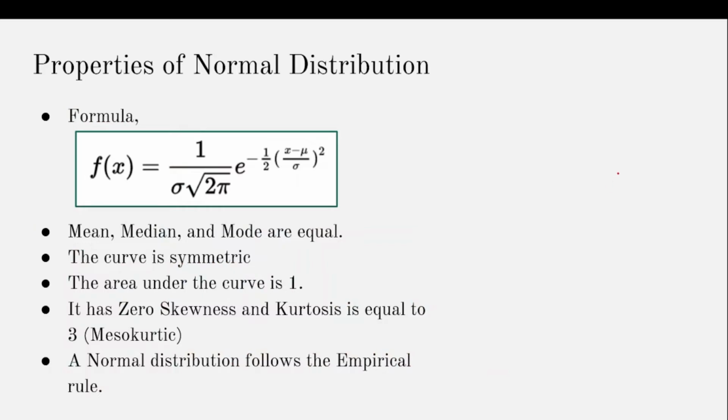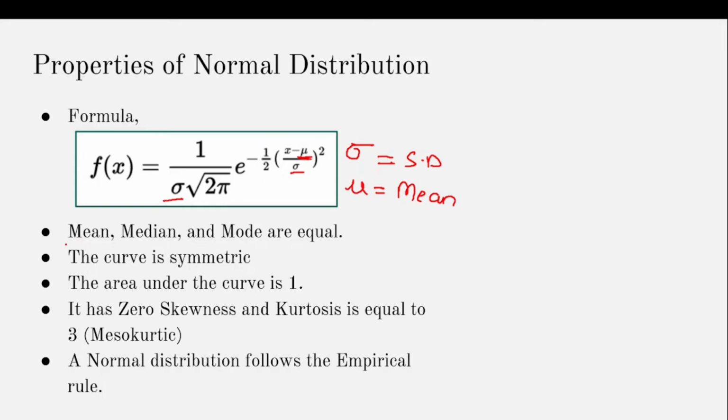Moving ahead, now we'll see the properties of a normal distribution. Here we have the formula which represents the Gaussian or normal distribution. In this formula, we can see that sigma is standard deviation and mu is mean. So we can clearly say that normal distribution is a function of standard deviation and mean.